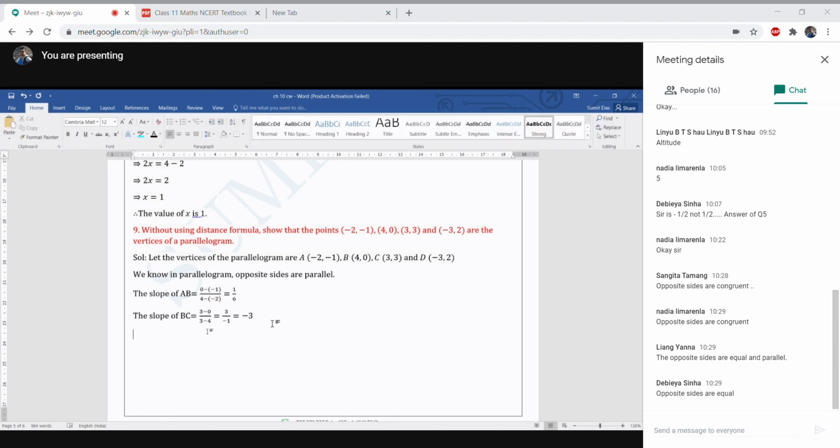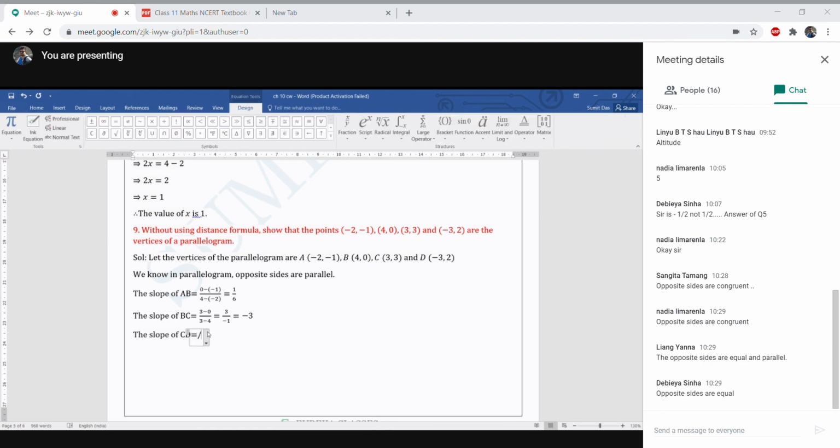Okay, next the slope of CD. Where is C and D? It will be 2 minus 3 over minus 3 minus 3. So 2 minus 3, how much? 2 minus 3 is minus 1, divided by minus 6.